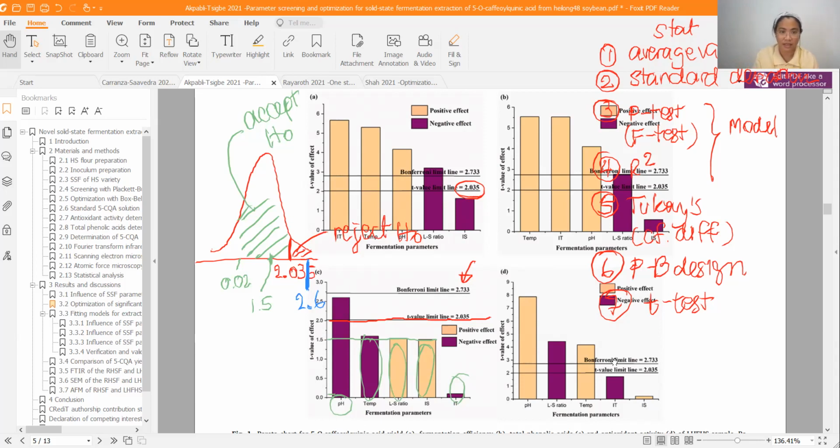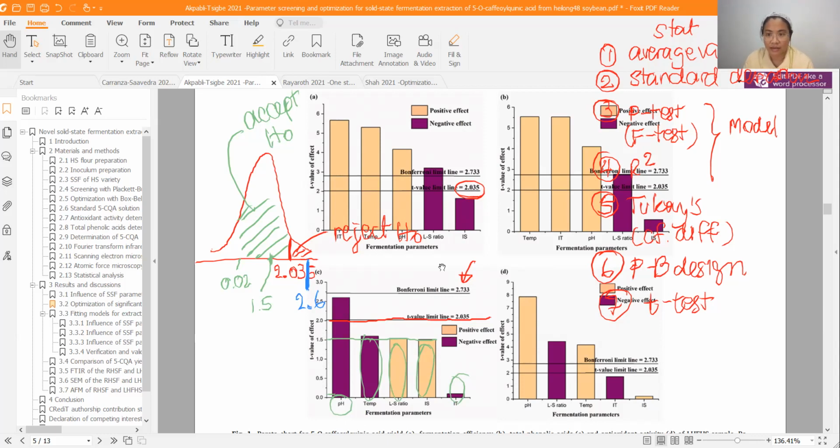But what I showed you just now is the basic thing about accepting H naught and rejecting H naught, and just shows you how things can be presented in different ways.